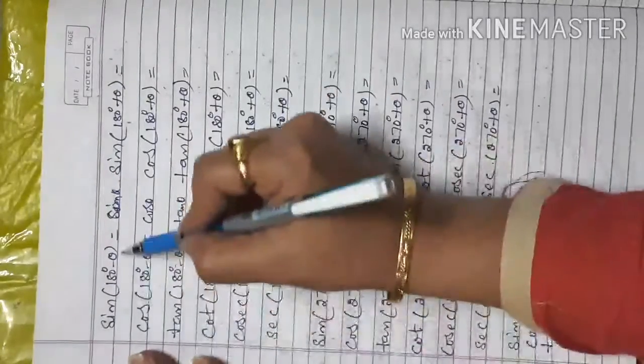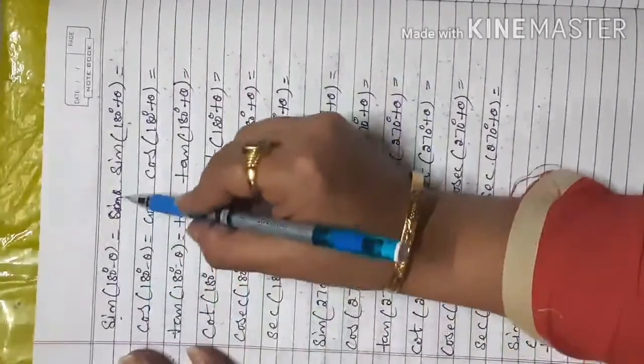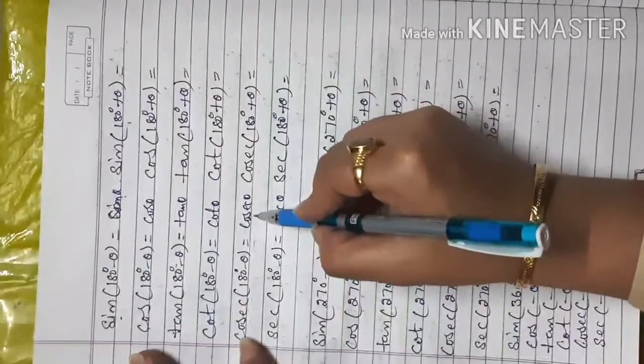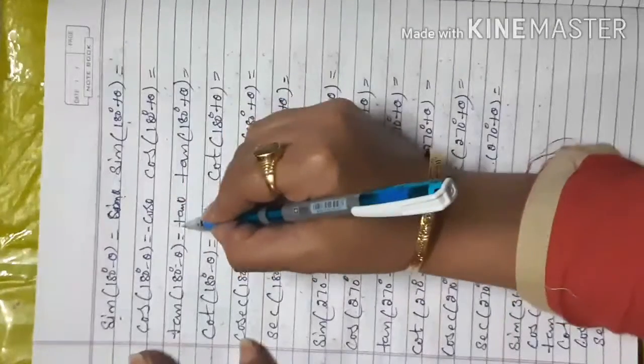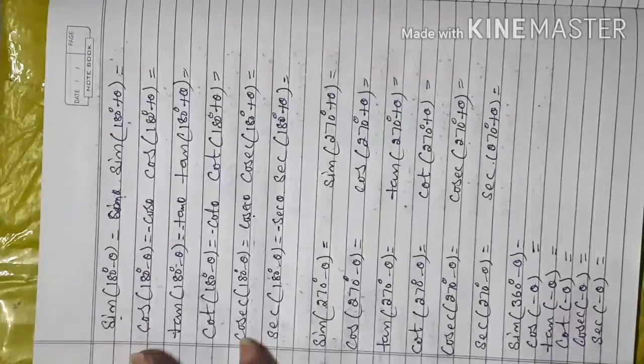But 180 degree minus theta lies in the second quadrant, that means only the right side of sine theta and cosecant theta will be positive and the other trigonometric terms will be negative here.